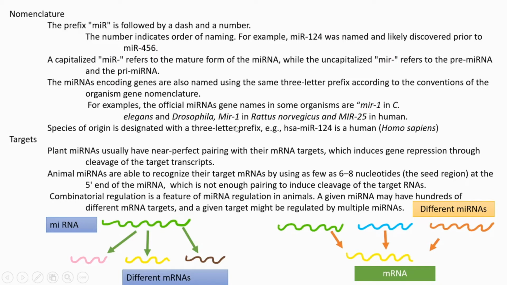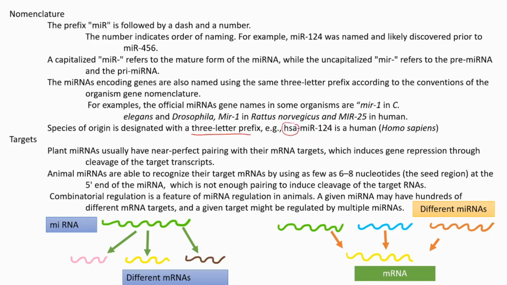Similarly, MIR1 in Rattus norvegicus is another miRNA. The species of origin, in which species it originated, we also express with the help of a 3-letter prefix. That is HSA.